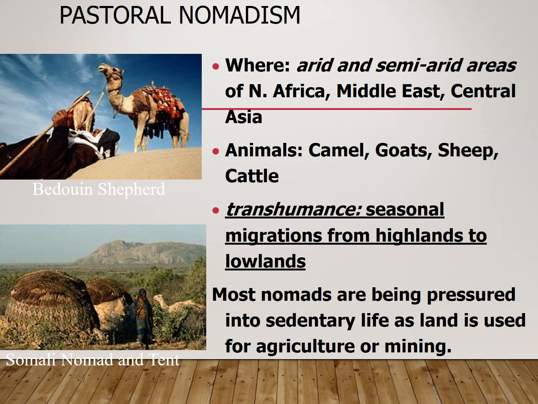Where are you going to find this? You're going to find this in arid and semi-arid areas. Part of the reason for that is if you could grow a lot of things really well, there's no reason to go anywhere else, right? But nomadism may have developed because people weren't able to survive just on agriculture in one area, and so they have to move around. North Africa, the Middle East, Central Asia.